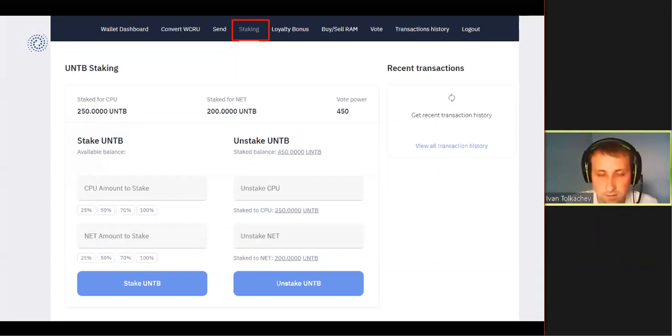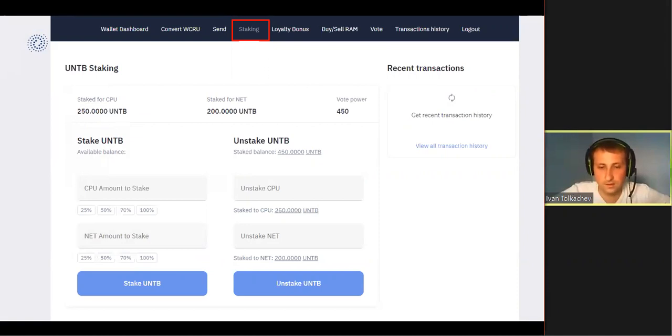These transactions are carried out with some frequency, once a month, or even more frequently you may activate them. And if the blockchain requested a specific amount of CPU for these transactions, and you get these resources from the company and stake your UNTB, then quite likely next time it will require more.